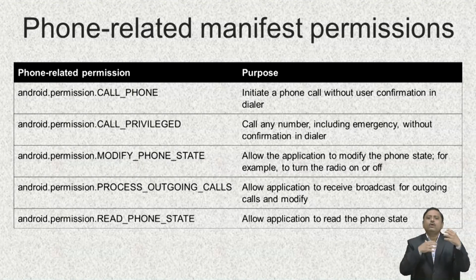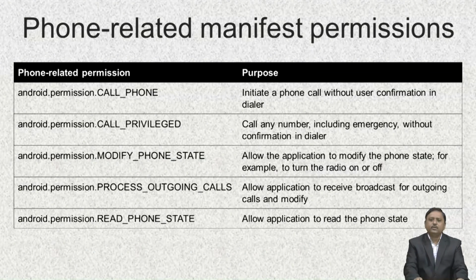We have the permission PROCESS_OUTGOING_CALLS that allows the application to receive a broadcast for outgoing calls and modify them. And we have READ_PHONE_STATE to allow the application to read the phone state. So these are the various phone related manifest permissions required by your app if you use any of these functionalities.